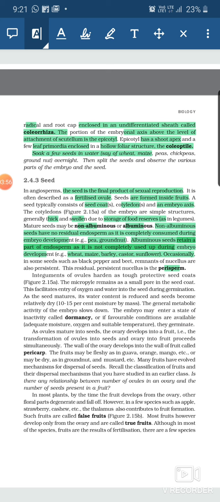Let's talk about the integuments. We know that integuments are the coverings of the ovule. The integuments of the ovule harden as a tough protective seed coat. So the seed coat is prepared from the integuments. The micropyle remains as a small pore in the seed coat.